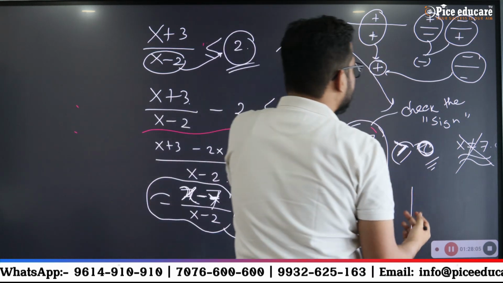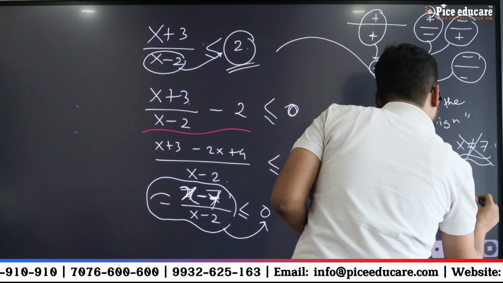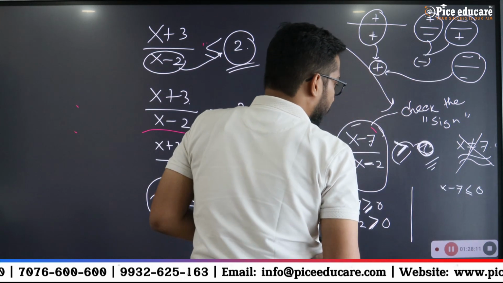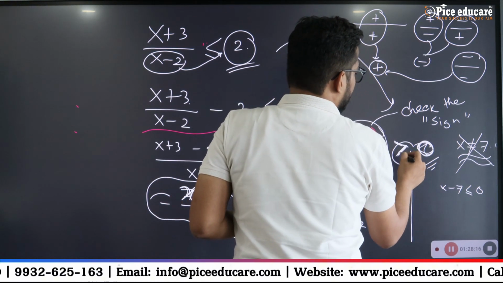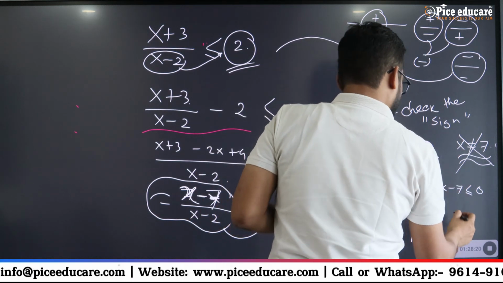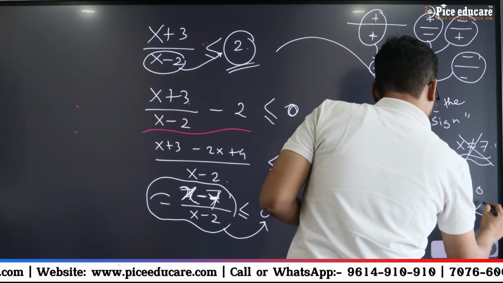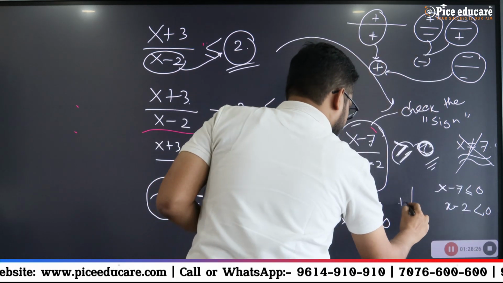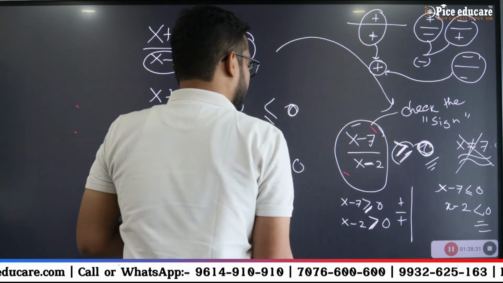And the other option is minus by minus. In that case you will say that x minus 7 can be 0 or less than 0, because it can always be 0, otherwise this equality shouldn't have been there. So if this is the situation, and simultaneously this is also the situation, plus upon plus and minus upon minus, this is your goal.